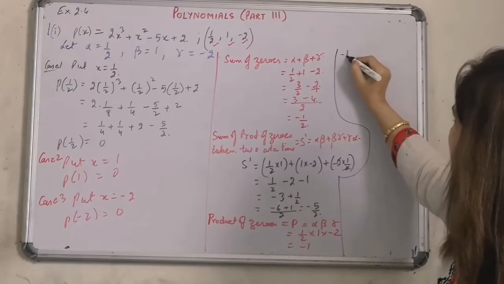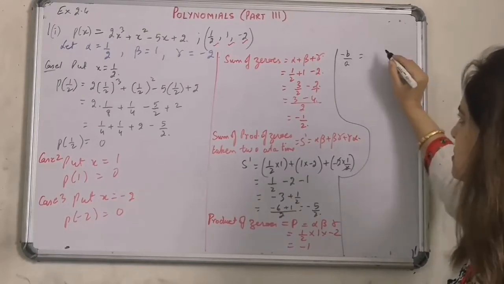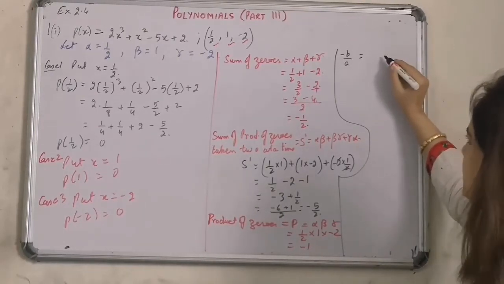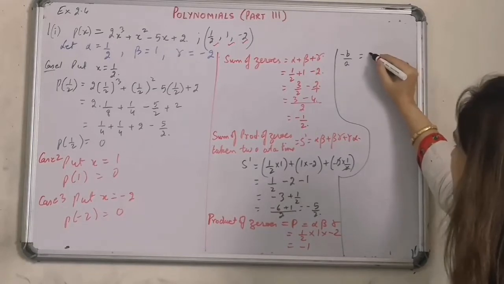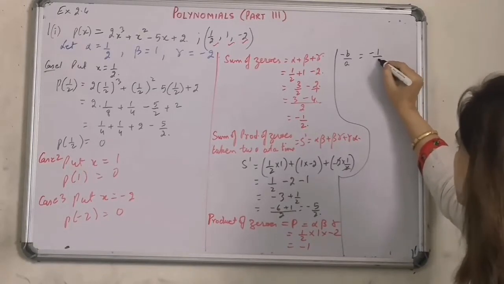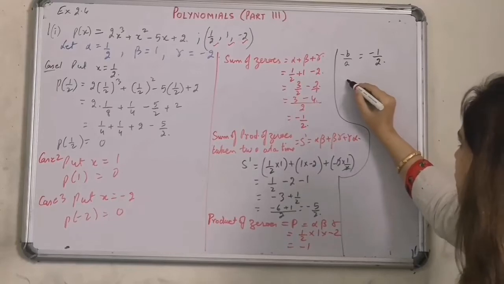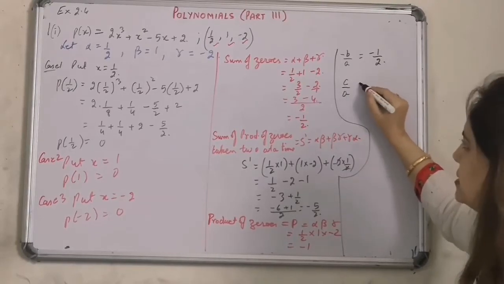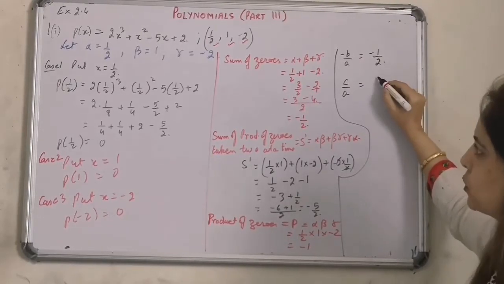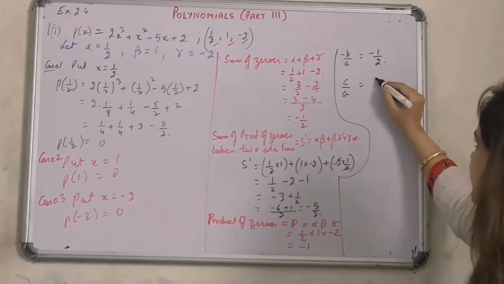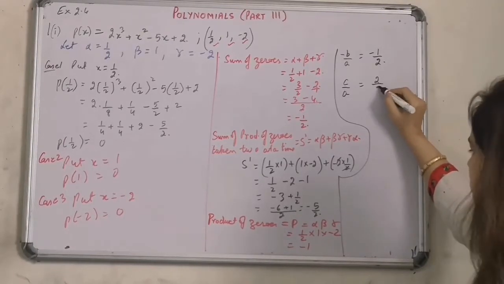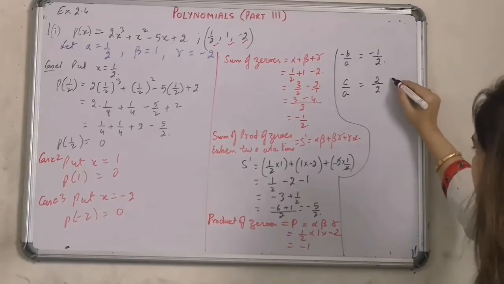What is the value of minus b upon a? Minus b upon a means minus 1 upon 2. Let's go for c upon a. C upon a means c, the coefficient of x, upon the coefficient of x cube, that is 2.